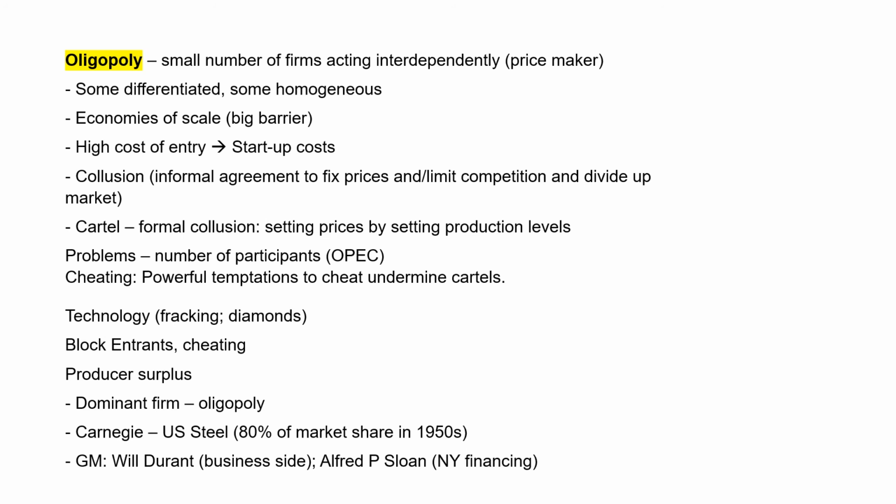And other things that come into play would be technology, when we're talking about fracking and diamonds, just examples. Technology has made tremendous inroads into oligopolies and monopolies for that matter. Fracking has really done a number on the domestic oil in particular, and also it's had a tremendous influence on international crude oil prices and natural gas prices in terms of increasing the supply.